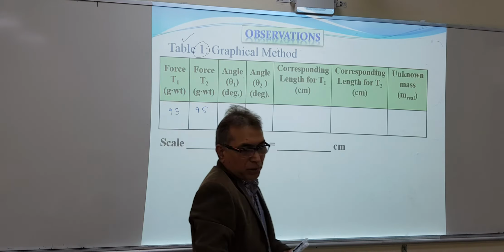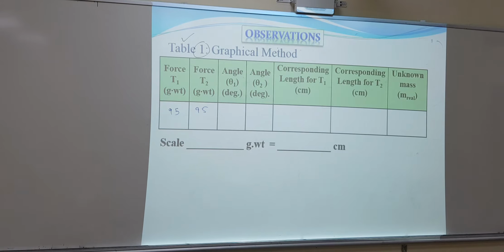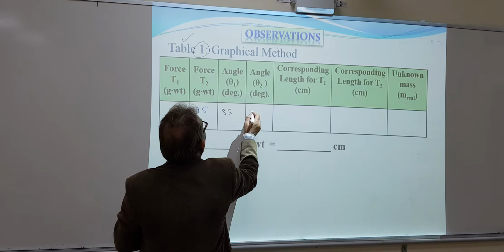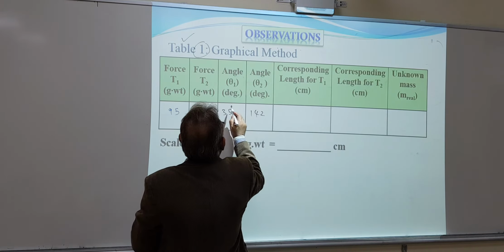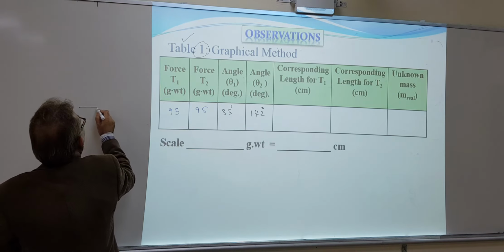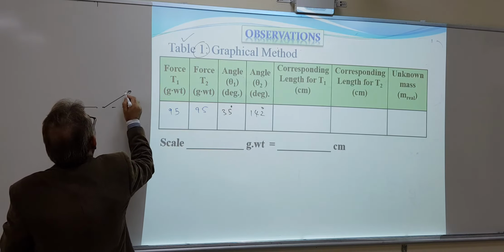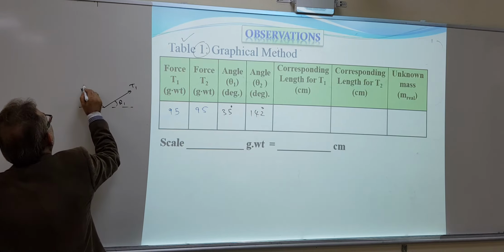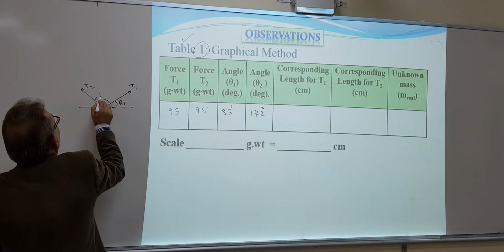Now, you measure the angles. For example, these angles: theta 1, this is T1 with theta 1, and this is T2 with theta 2.